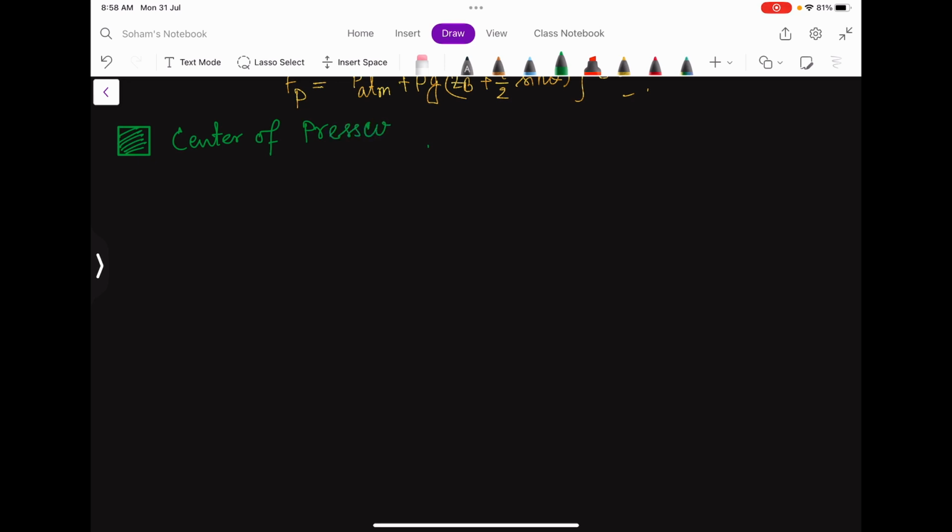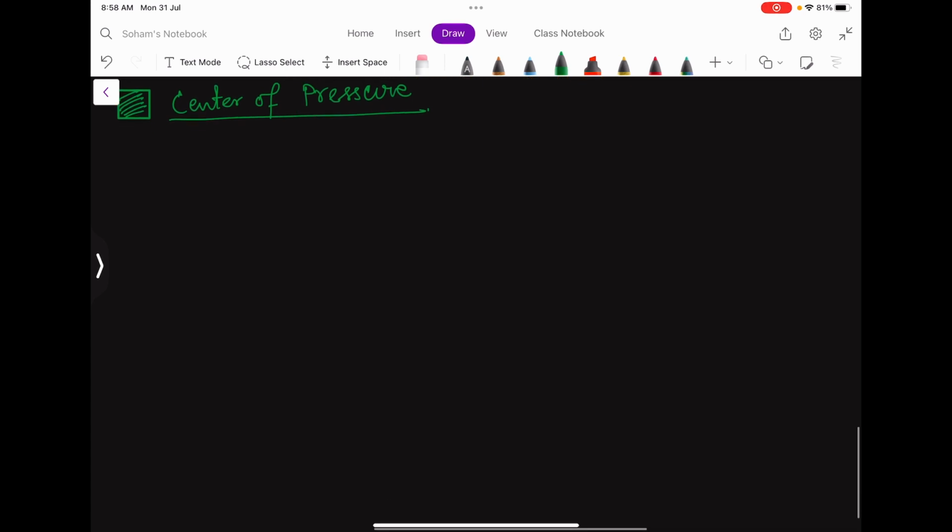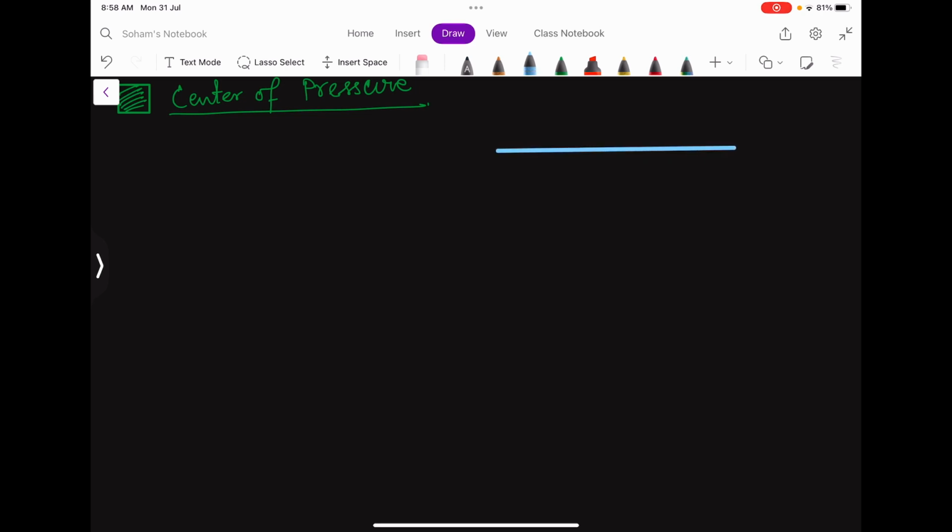So first of all, let us try to understand what the center of pressure is. Let us consider the same plate. So now this is the free surface level of water, and this is the plate.